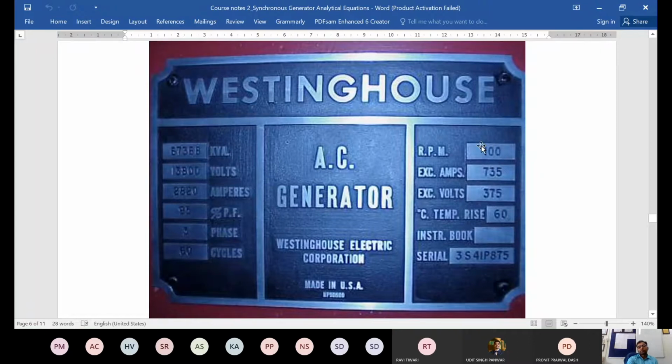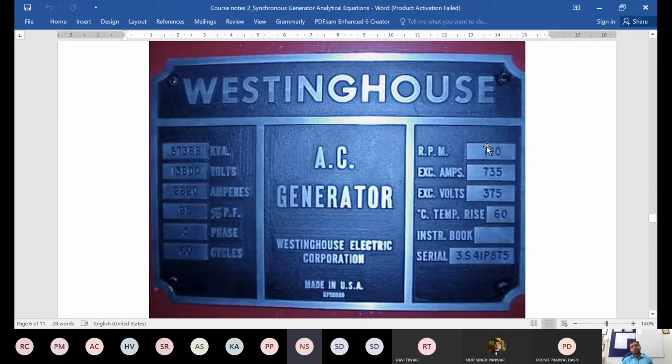RPM is 100. So can anyone quickly tell me what is the number of poles of this machine? Seventy-two. 72?